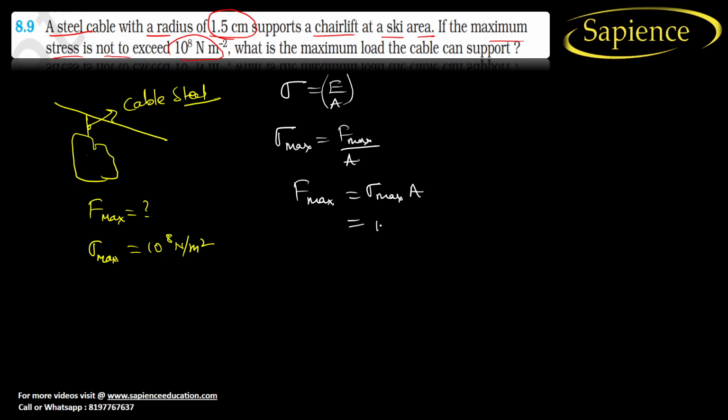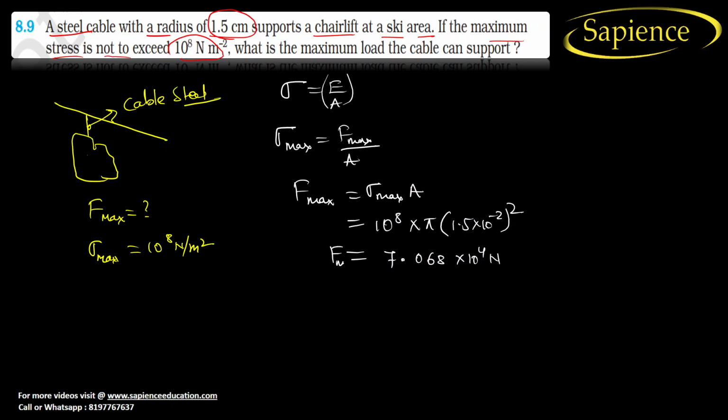So maximum stress is 10 to the power 8 into area of the cable, that is pi r square, pi into 1.5 into 10 to the power minus 2 whole square. When we find this, we will get 7.068 into 10 to the power 4 Newton.